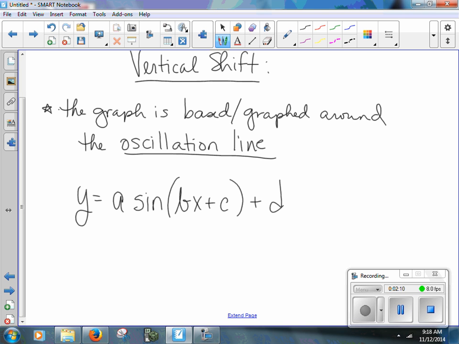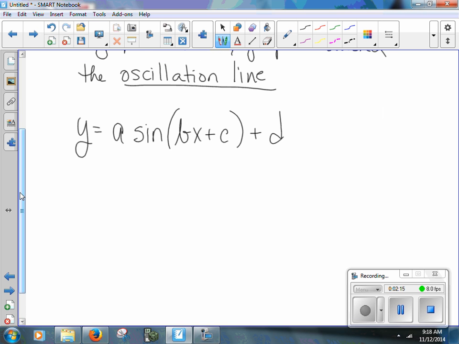Okay? And just to review this stuff again, the A stands for what? Amplitude. Amplitude does what to the curve? Tall or short, okay? What's the B help us determine?